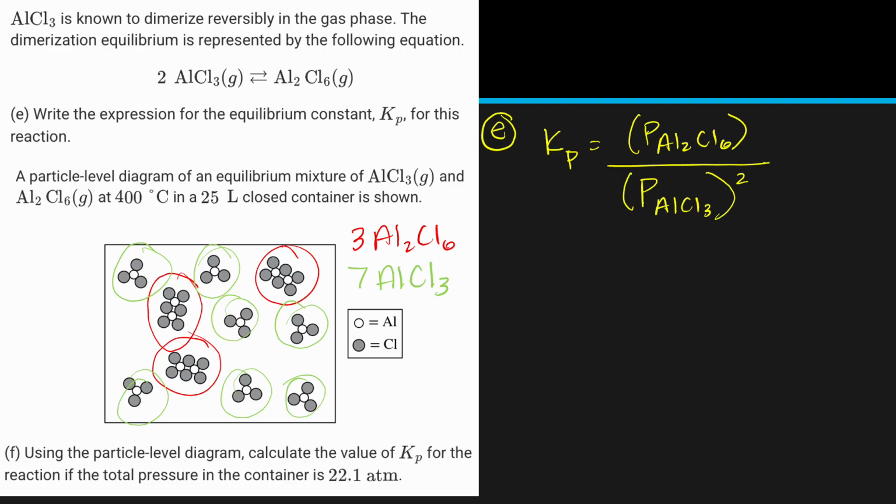So since we have a total of 10 particles, this makes it nice and easy for us. So our product is 30% and our reactant is 70%.